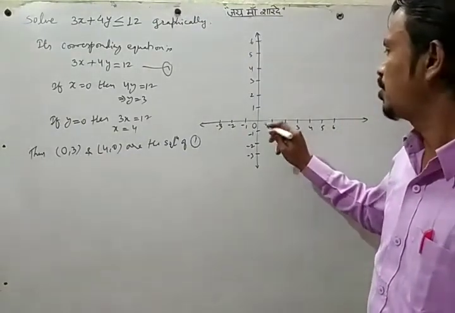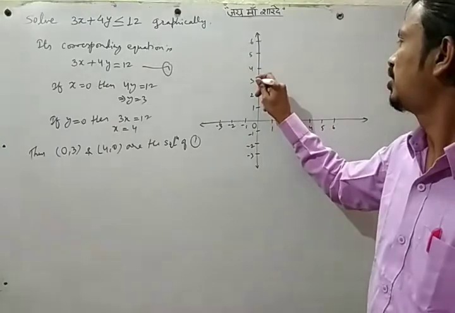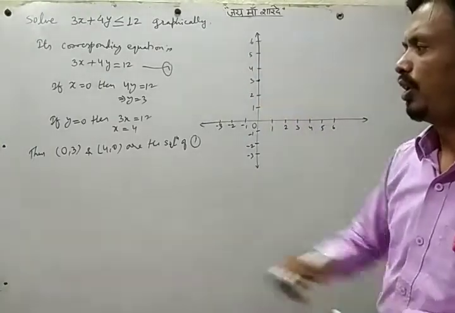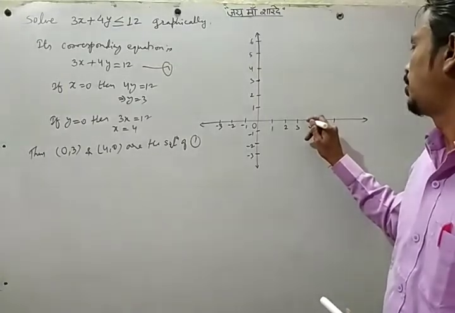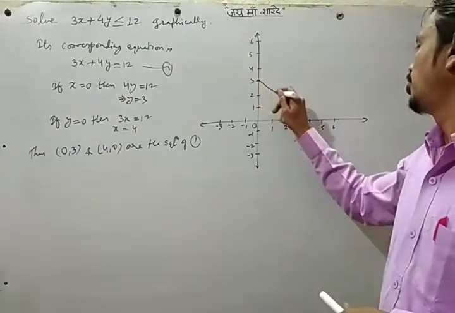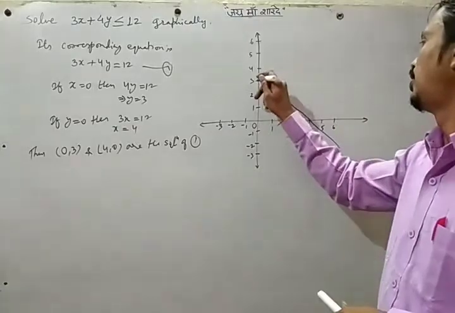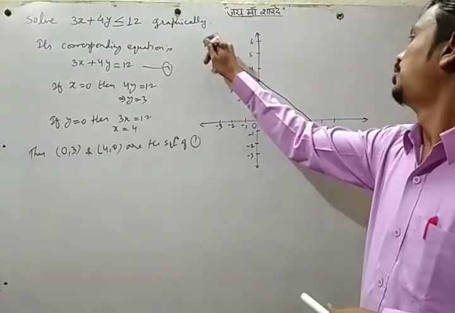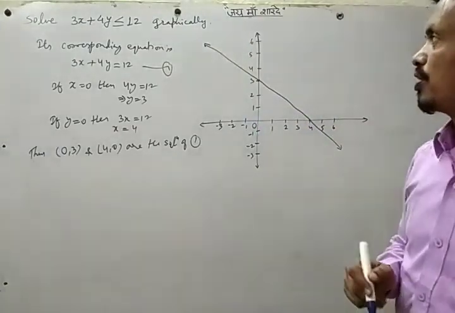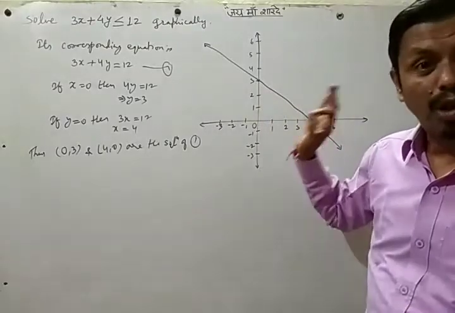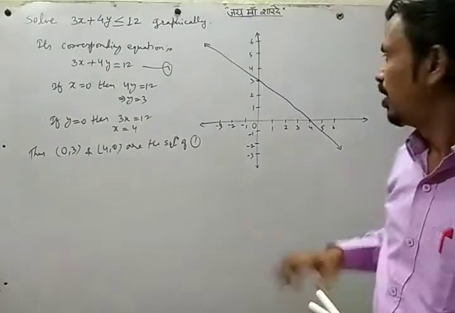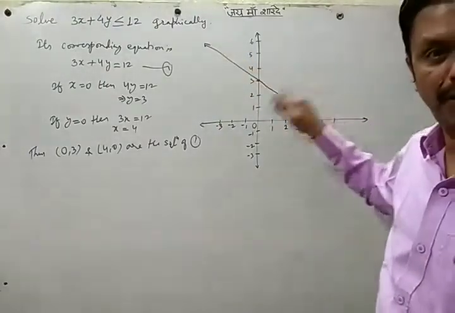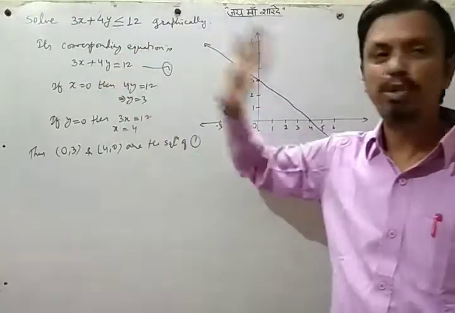With x = 0 and y = 3 this is one point, and with x = 4 and y = 0 this is the other point. So we can join these points. This is the solution graph of the equation 3x + 4y = 12.